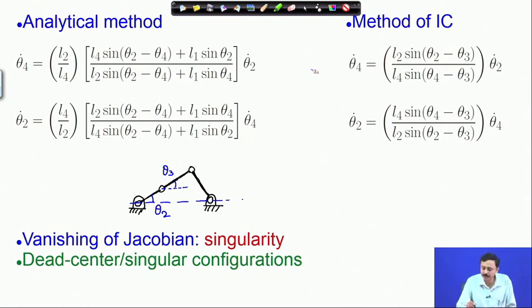Therefore, if you look at this expression, if theta 2 is equal to theta 3, then the numerator vanishes.